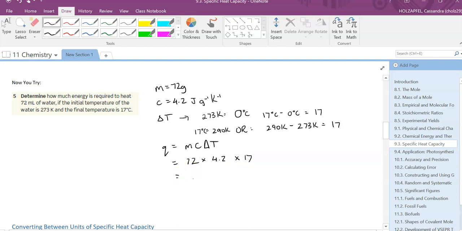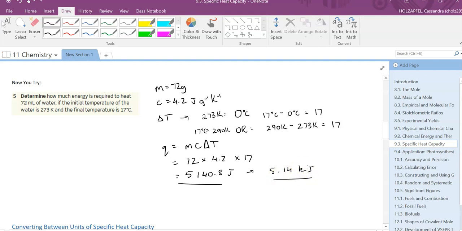Just quickly going to pop that into my calculator: 72 times 4.2 times 17 is equal to 5,140.8 joules. Again, if you wanted to, you could convert this to kilojoules. So 5.14, I'm just going to do it to 3 significant figures.